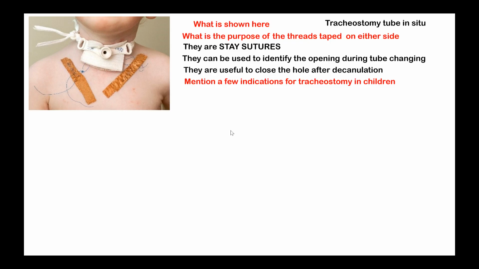What are the indications for tracheostomy in children? Of course, it is not specifically for children, for any patient. What are the indications for tracheostomy? Prolonged mechanical ventilation, very good. Then spinal cord injury, spinal cord trauma.